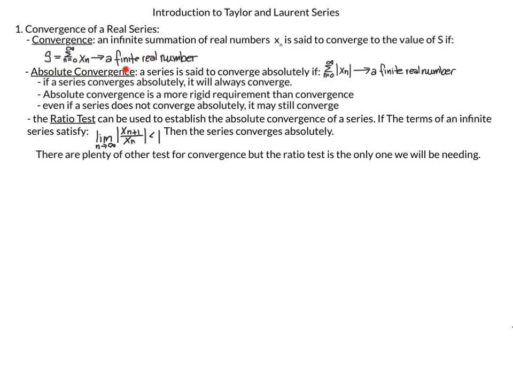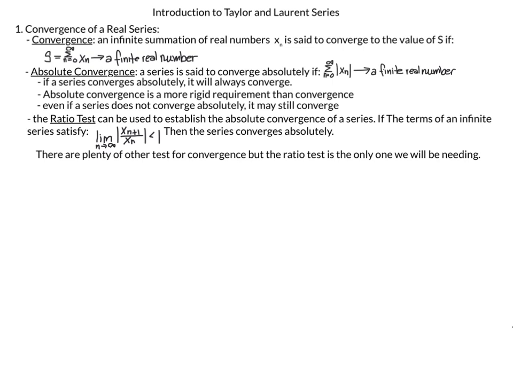And then we say we have absolute convergence if a series is said to converge absolutely if the sum from n equals 0 to infinity of the absolute value of x_n is a finite real number. So you can see that absolute convergence is a stricter thing than just regular convergence, because with regular convergence you can have some negative numbers offsetting some positive numbers, but in absolute convergence you don't have that. So it's a stricter type of convergence.